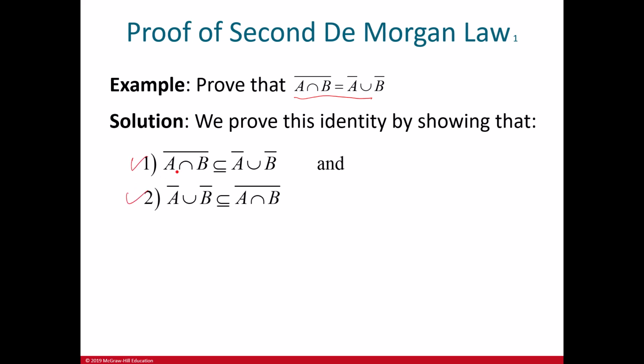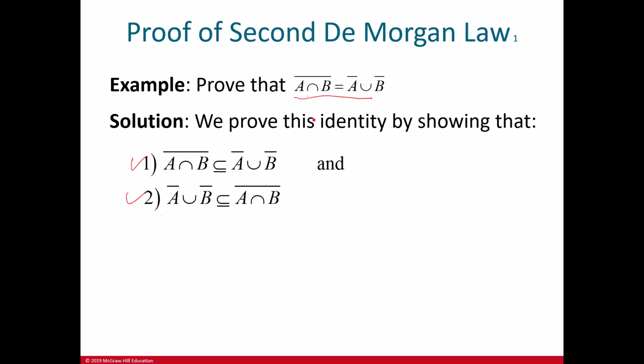The first step is to show that the left-hand side, which is the complement of the intersection, is a subset of the union of the respective complement of both A and B. This is step one. This is not complete. This is just showing that the left-hand side is a subset of the right, and then we're going to do the other way around.